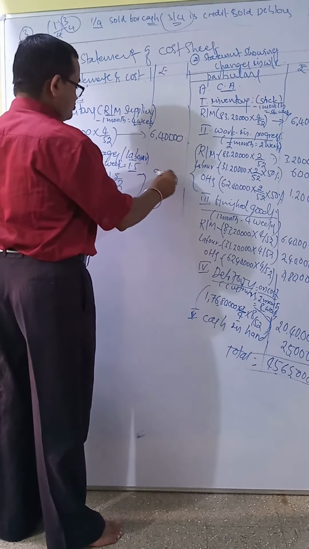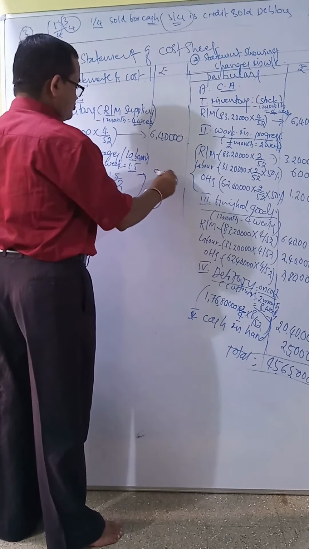Accrued overheads. Overhead means expenses. See here, they gave in the question the lag of payment of overhead expenses as 1 month. 1 month means 4 weeks.